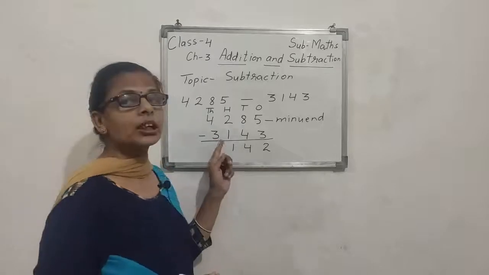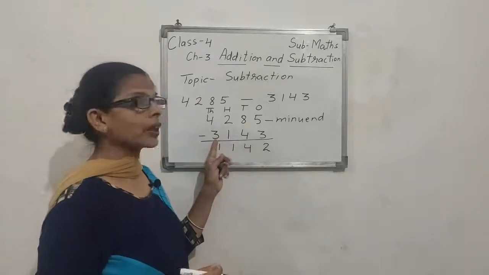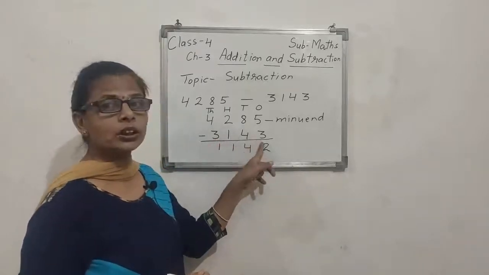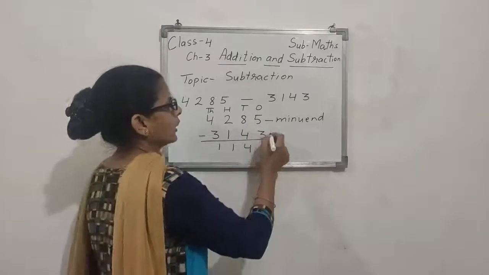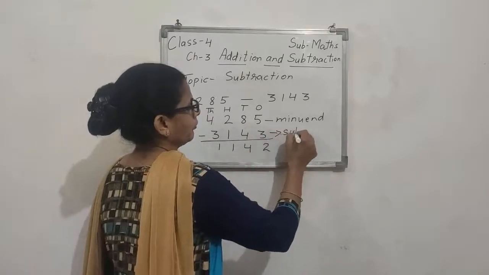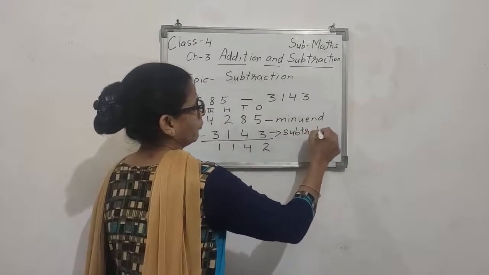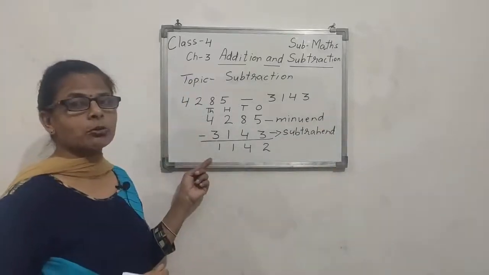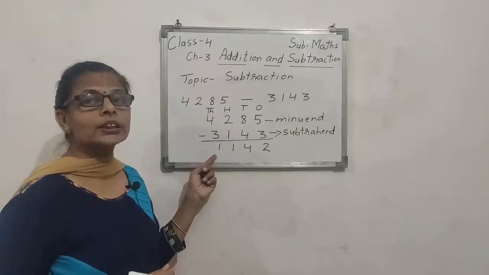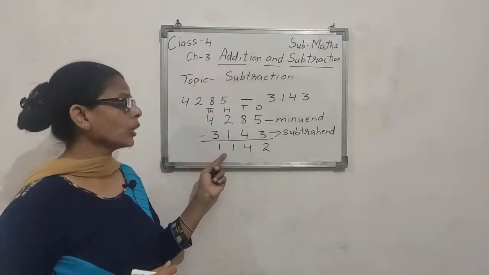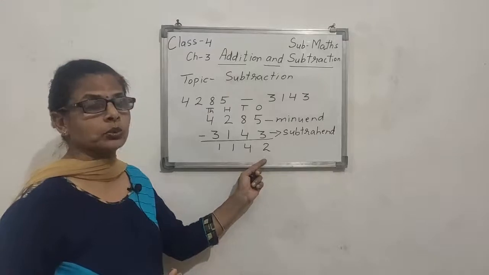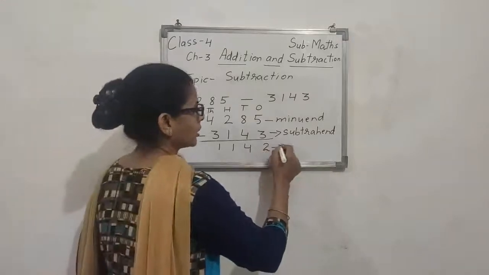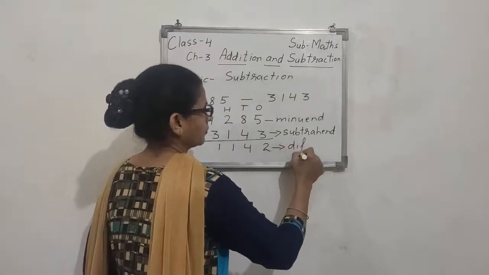The number which we are subtracting, 3,143, is called the subtrahend. And the answer of subtraction is known as difference. The difference is 1,142.